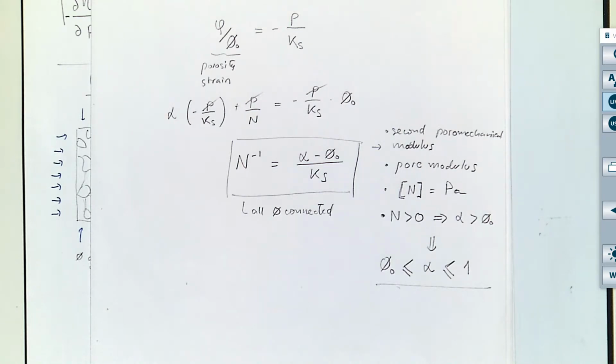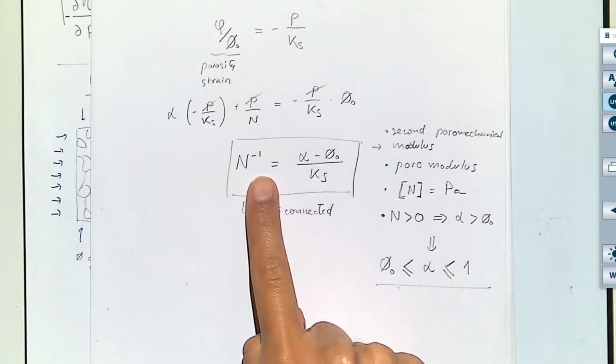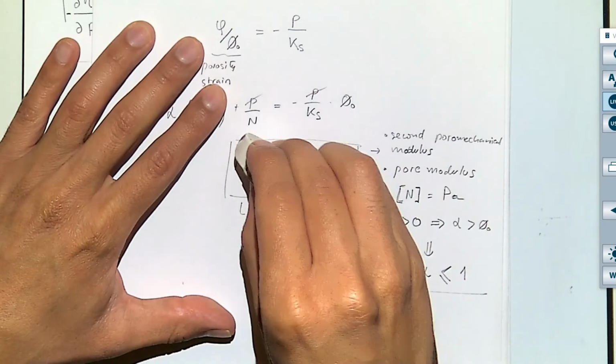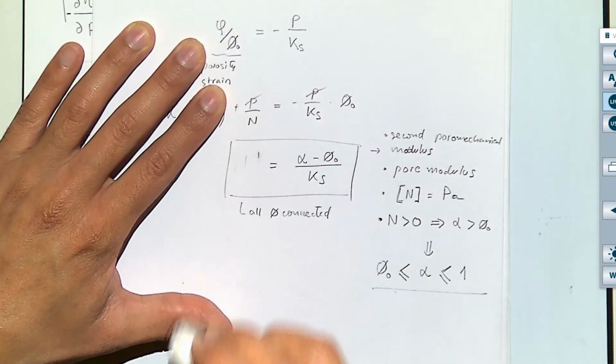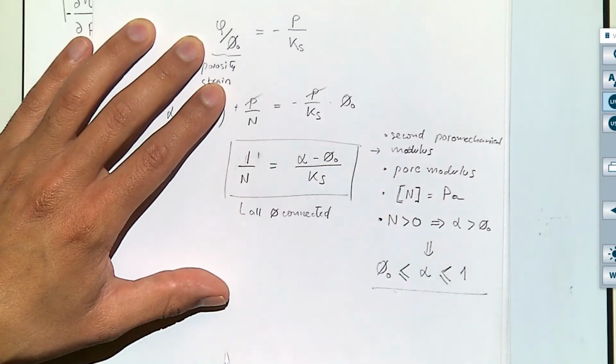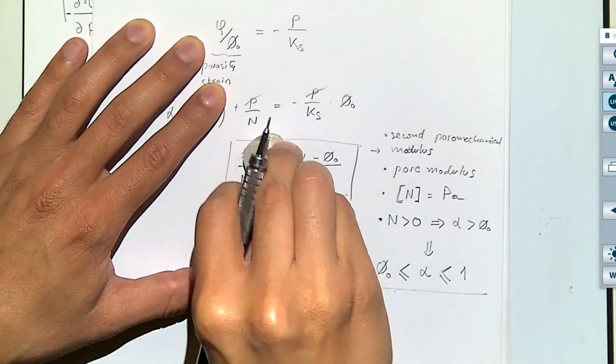If your alpha is equal to your porosity, that would mean that you have an N of infinity. Notice that there is an inverse there. So, if you want to write it more clearly, this is 1 over N. Same thing, but just written differently.